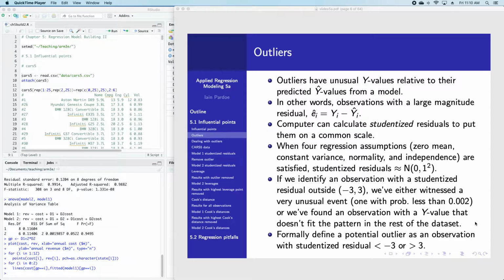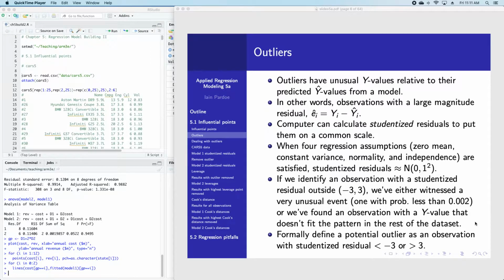So let's talk about outliers. As I just introduced, outliers are data points that have unusual response values relative to their predicted y hat values from the model. If you remember back to when we talked about checking assumptions in a regression model, we defined residuals as the difference between y and y hat. So in other words, outliers are going to be data points that have very large residuals.